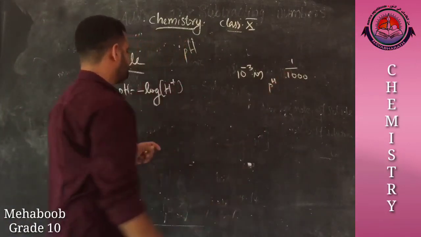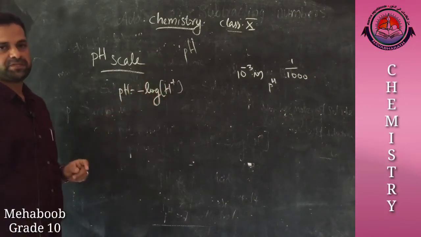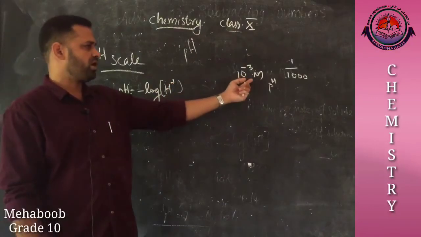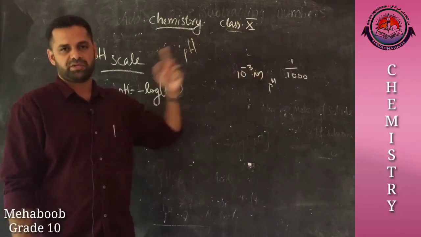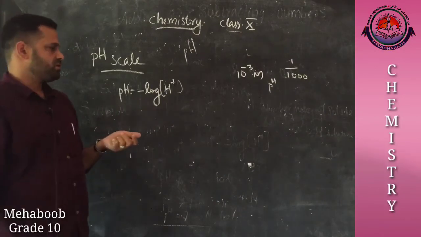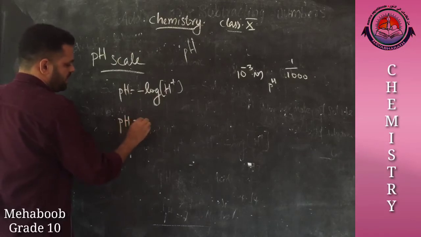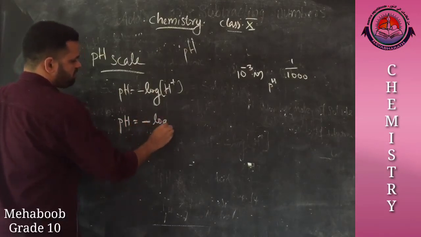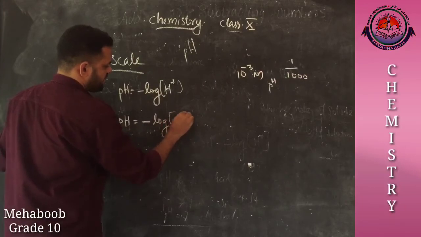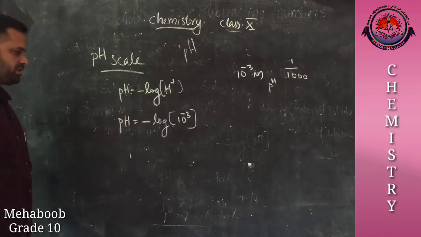That is the question. So how can we find that? pH is equal to negative logarithm of H plus ion concentration. Here the H plus ion concentration is given as 10 raised to minus 3 molar. So we can substitute this value: pH is equal to negative logarithm of 10 power minus 3.